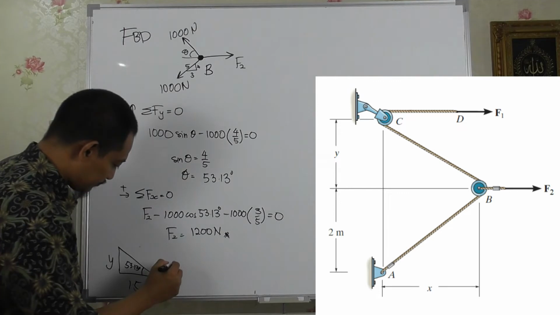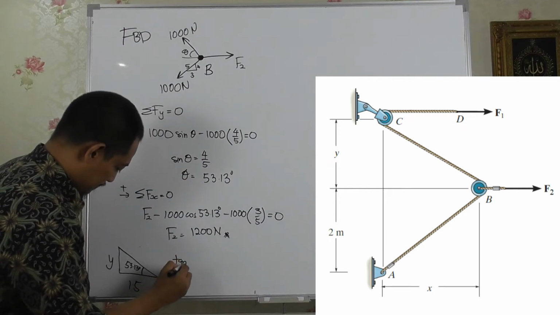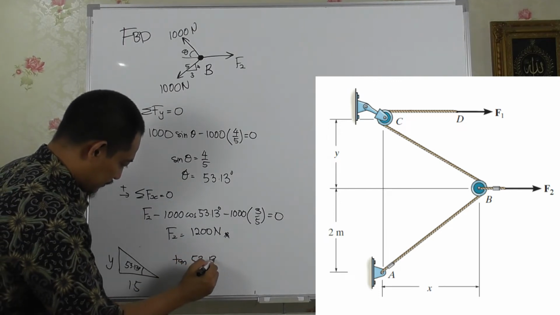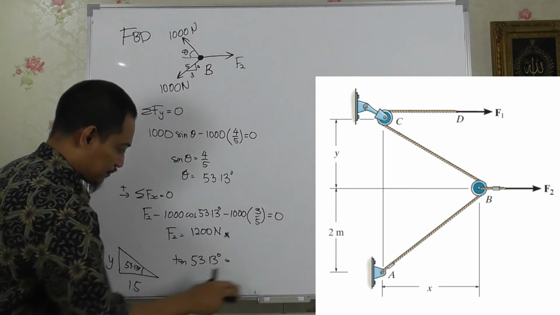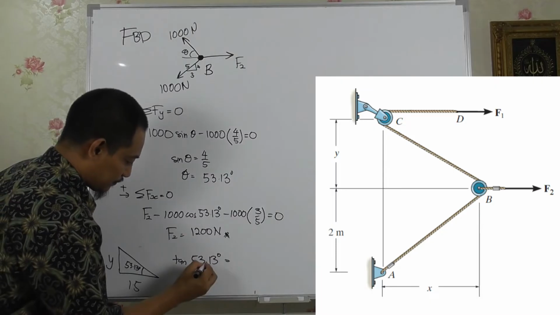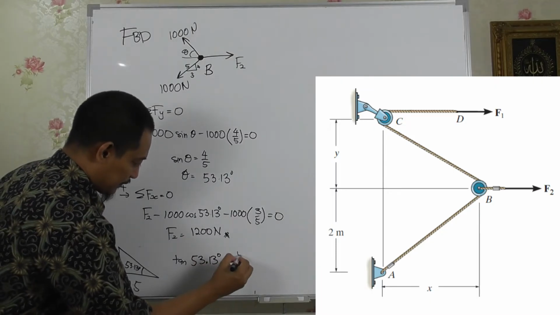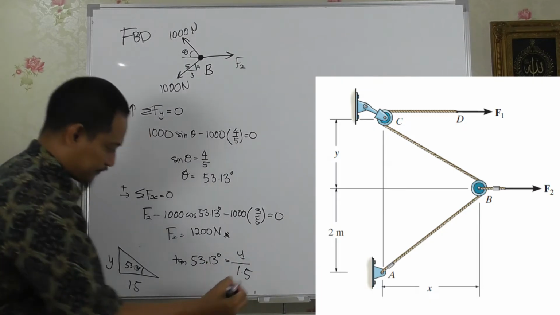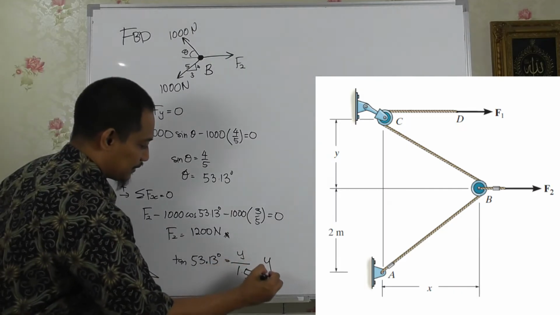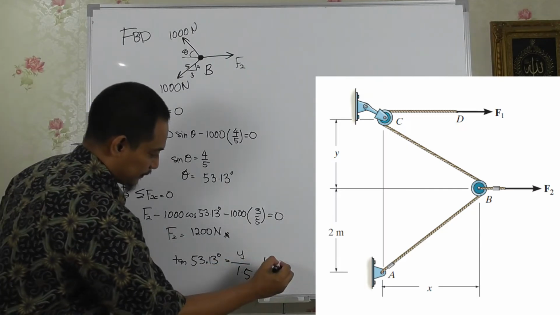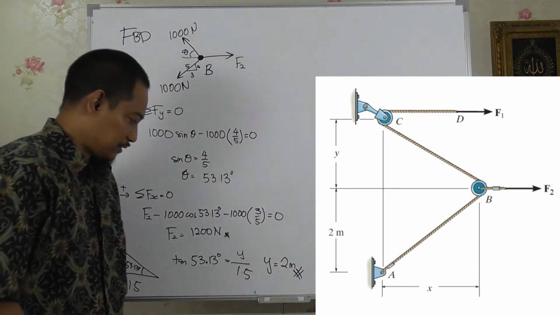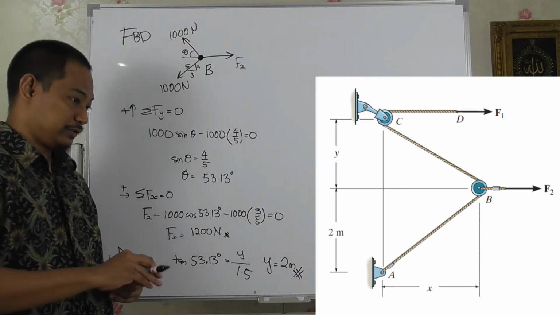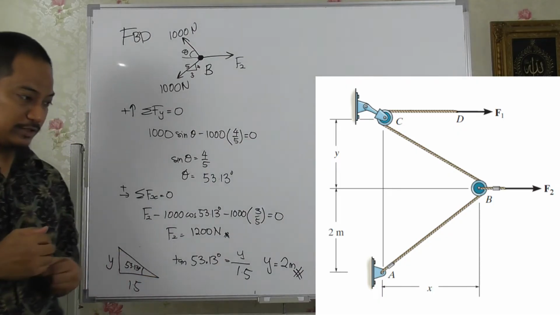So tangent 53.13 degrees equals y over 1.5. So from here, y can be solved to be equal to 2 meters. And there you go. It's quite a short question, this one.